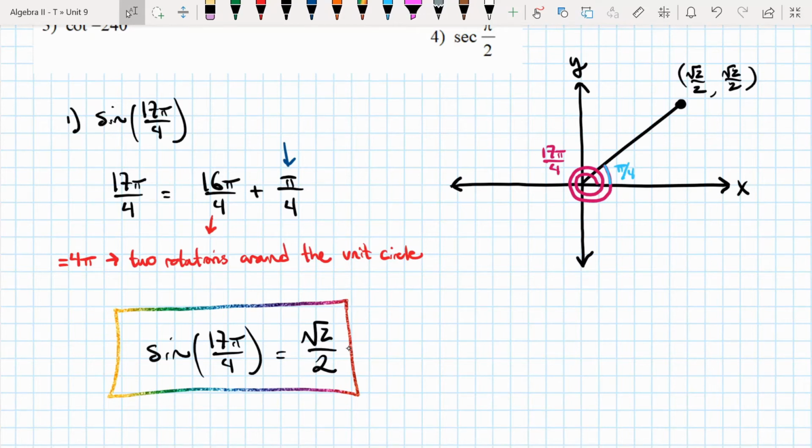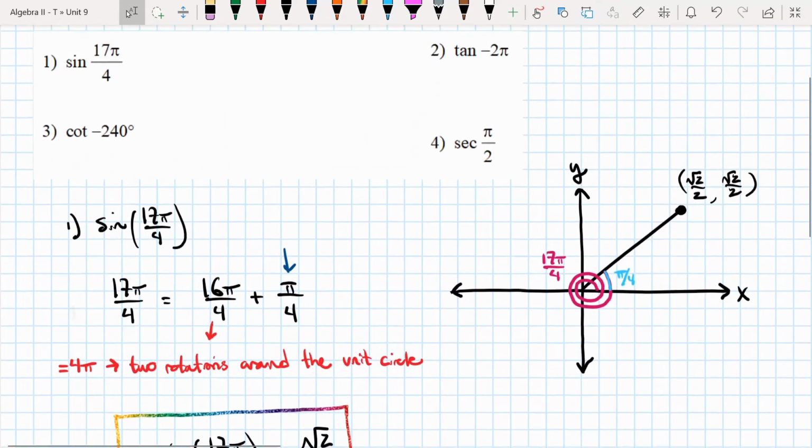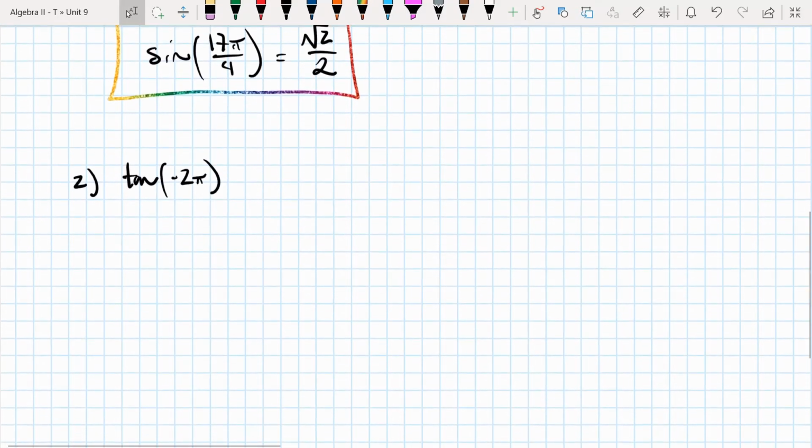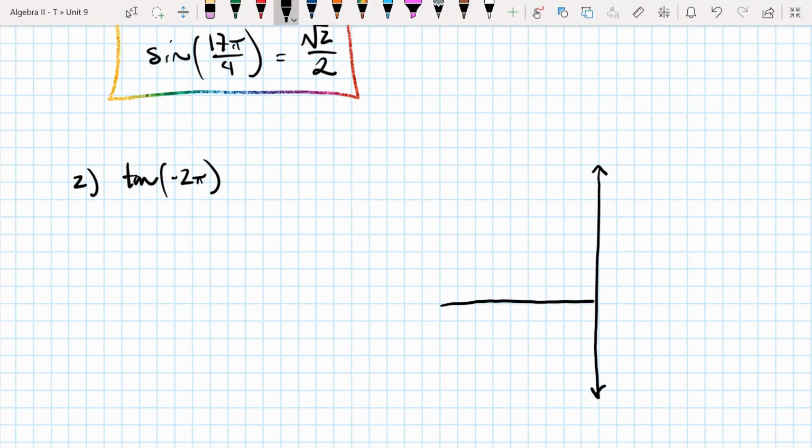Okay, let's do this again with tangent of negative 2 pi. All right, this one is a little bit easier because we're not going to be dealing with any of those special right triangles. We're just going to be using a point that's on one of the axes.